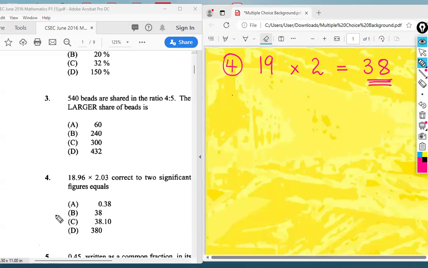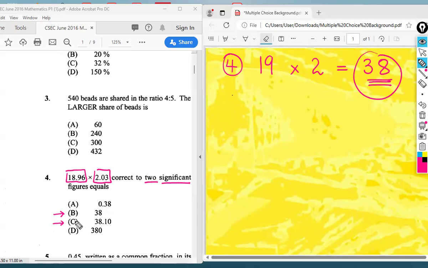There are two possible options. It's either going to be B or it's going to be C. Now remember, 38 is an approximate answer because we approximated these values to whole numbers. But 38 gives us an idea of which one should be our answer. But they ask for how many significant figures? Two significant figures.